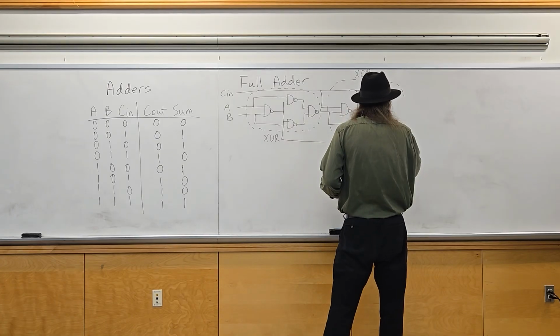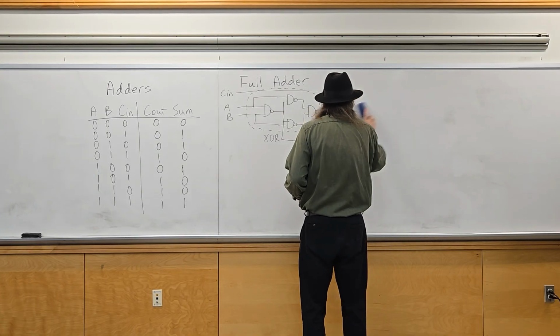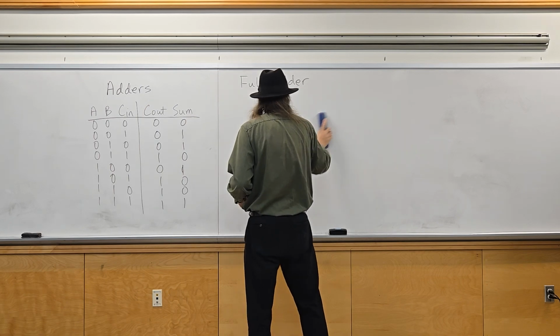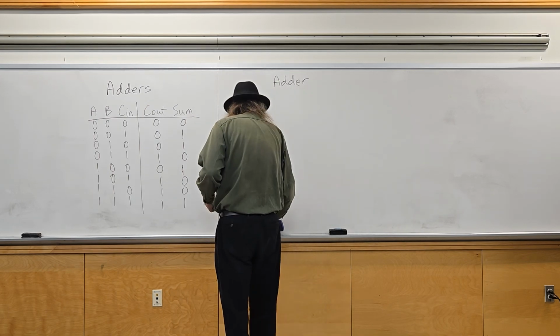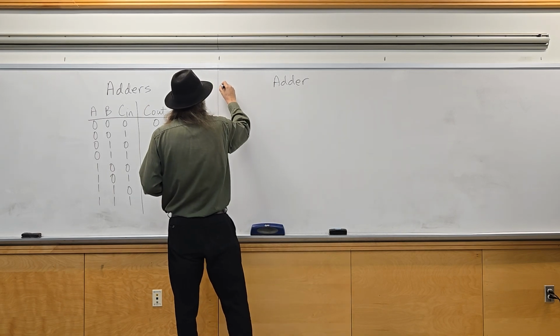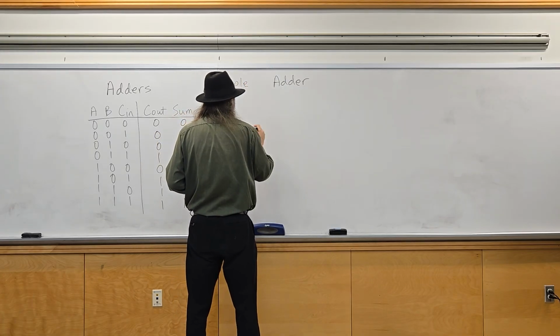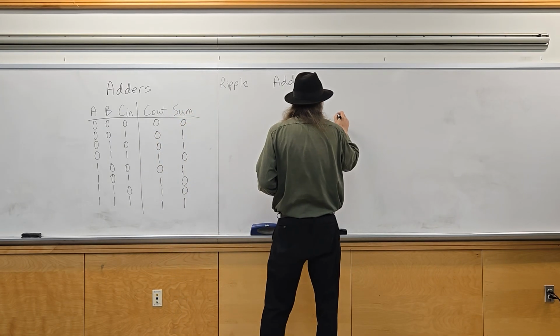So with you having these adders, you can create what's called a ripple adder.